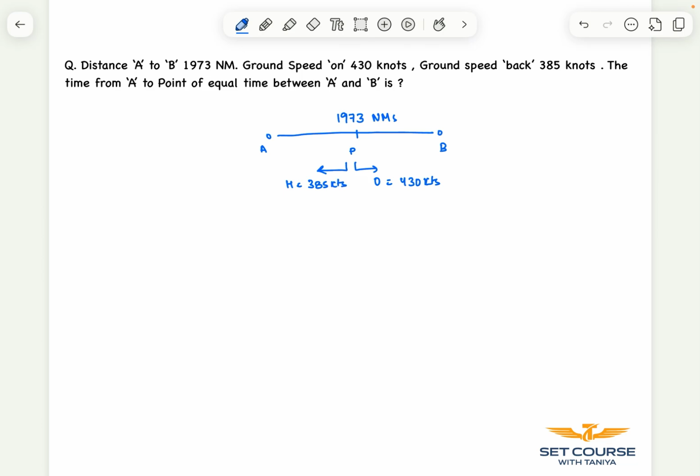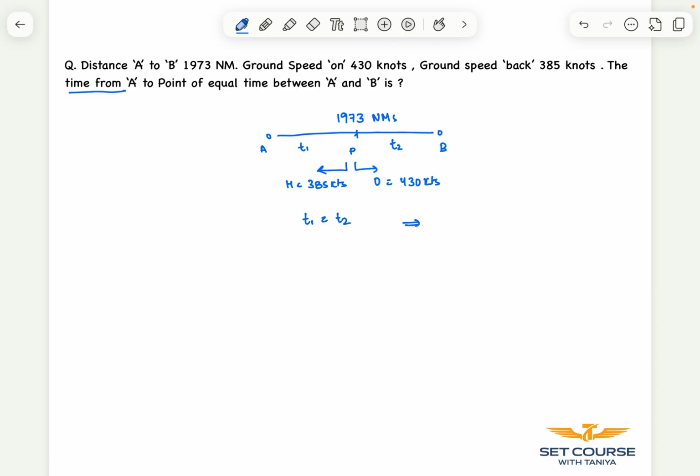We need to calculate the time from A to the point of equal time between A and B. Suppose it is taking T1 from point of equal time to reach A, and it is taking T2 from point of equal time to reach B. By definition, we know that T1 equals T2.